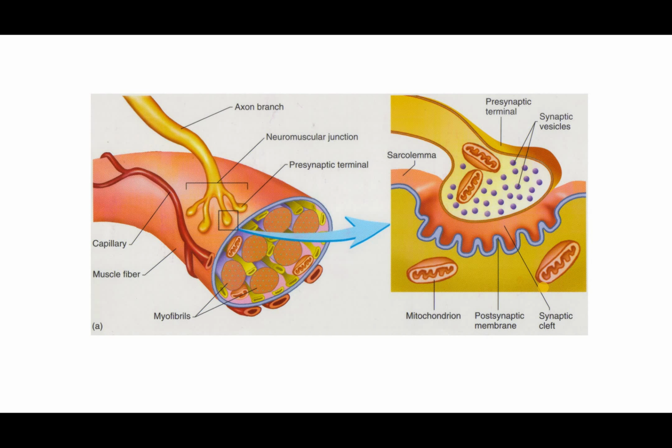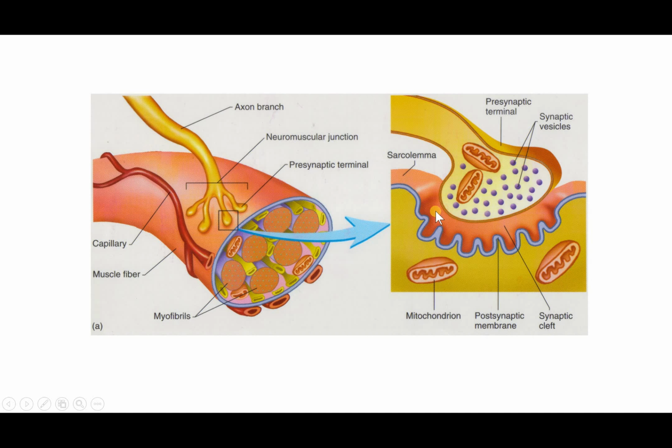Okay, here's another animation of basically the same thing. Here we have a muscle fiber, and here's your axon that goes into the axon terminal. And it's showing you the presynapse, AKA presynaptic terminal.